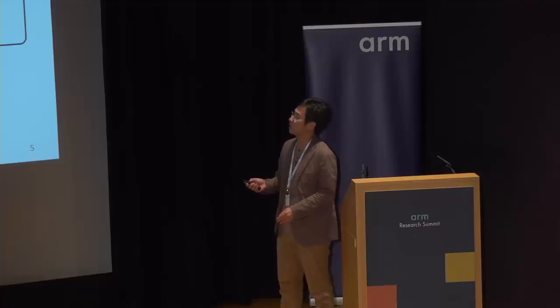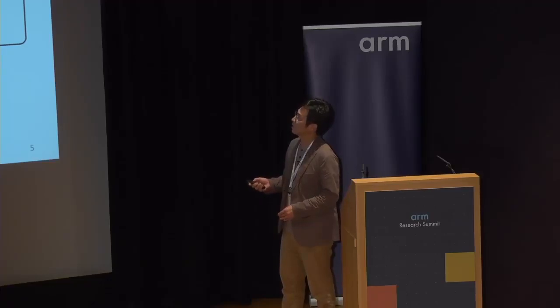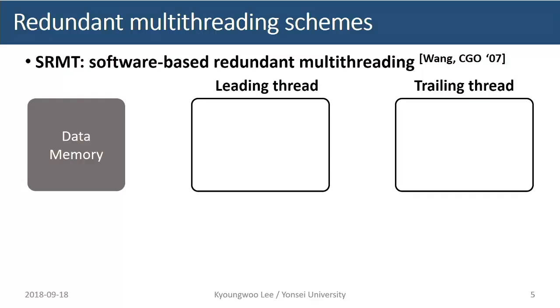Software-based redundant multithreading, SRMT, was proposed about 10 years ago. To understand this, we have two duplicate threads: the leading thread and the trailing thread, and we assume we have a shared memory.